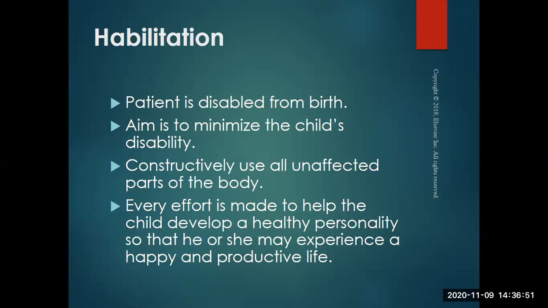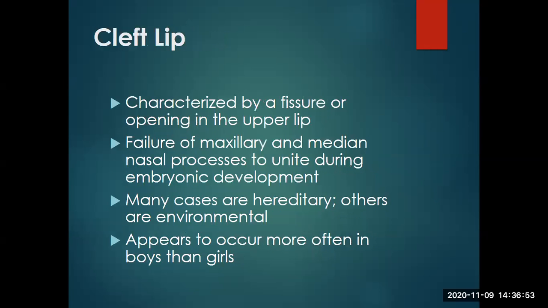So you have the hydrocephalus, you have the spina bifida. So now we're going to look at the GI, and we have what is called cleft lip. So we're going to be looking at cleft lip, and then we're going to look at cleft palate. So the cleft lip is basically characterized by a fissure or opening in the upper lip.